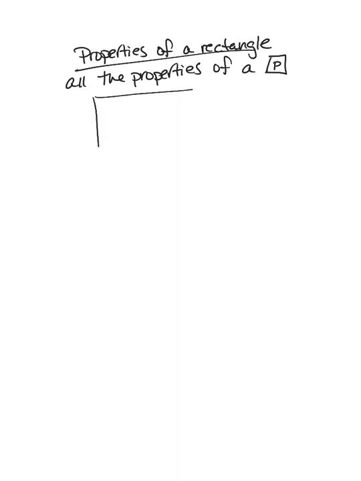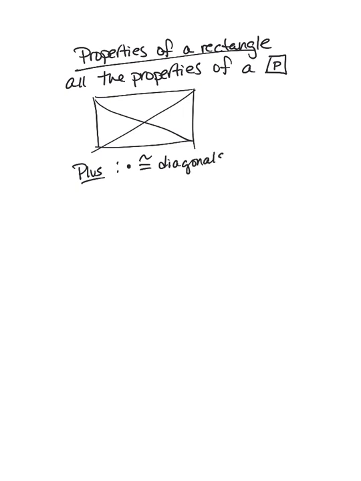So let's draw a rectangle. All properties of a parallelogram plus congruent diagonals. This one's extremely important. This is going to come up all the time. Congruent diagonals. And 4 right angles.